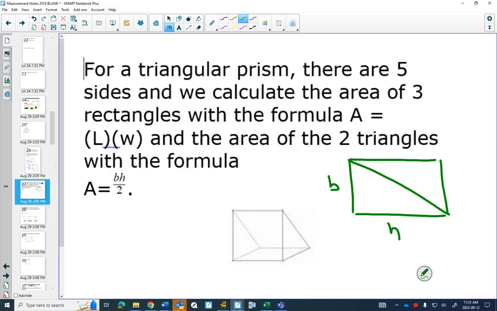And then someone says, well, what happens if the height is here? Well, this triangle on this side is half of that rectangle. This triangle on this side is half of that rectangle. And so the area of the triangle is still half of that big rectangle in total.